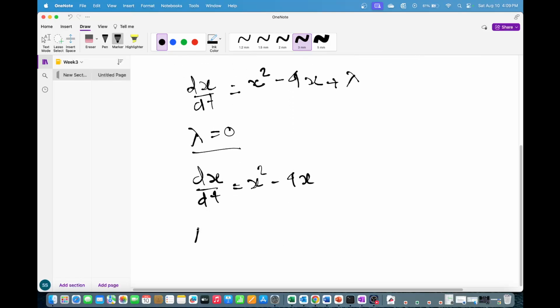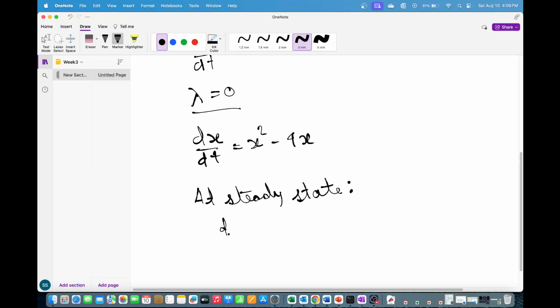Now at steady state, as you remember, we define steady state like this: dx/dt equal to 0. Since there is one dependent variable in this equation, equating dx/dt to 0 is enough.